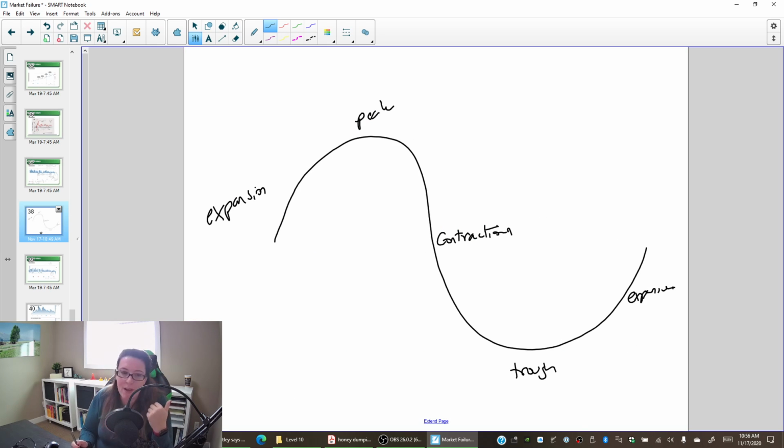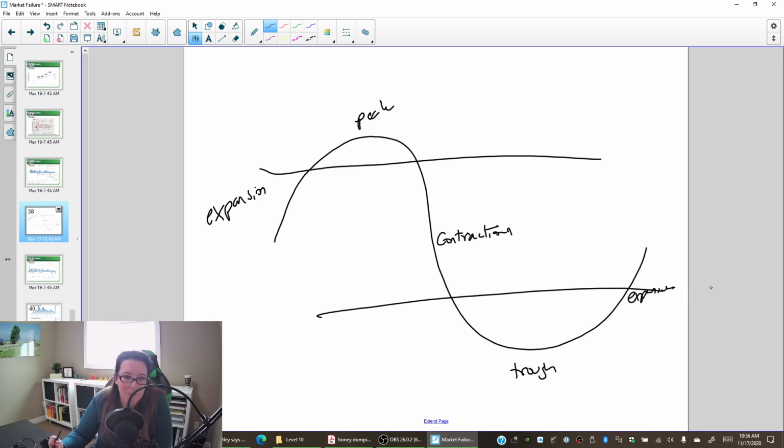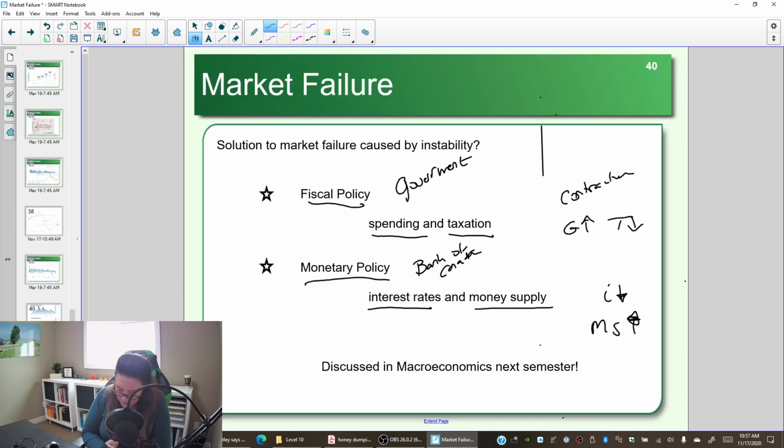Because really the point of monetary and fiscal policy is to lop off the top and the bottom of these business cycles so it's a little less unstable, so that we don't have the big peaks and the troughs. We smooth things out a bit. So monetary and fiscal policy are what we're going to talk about in macroeconomics. So we'll spend a lot more time on those topics then.